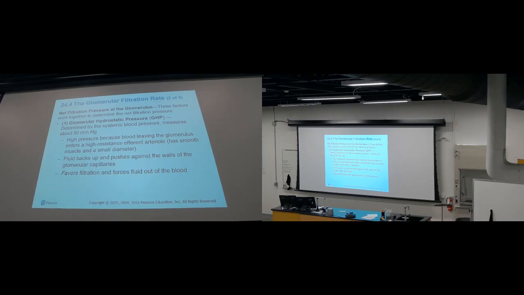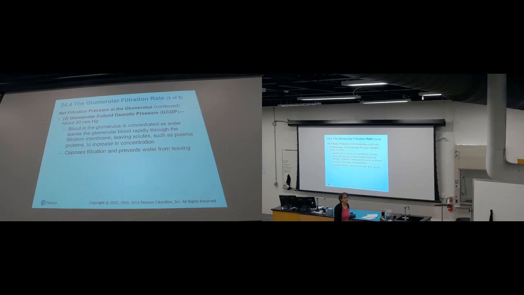So the glomerular hydrostatic pressure is determined by your systemic blood pressure. Typically, it is around 50 millimeters of mercury. And again, it is related to the diameter of the efferent and the afferent arteriole. And then the glomerular colloid osmotic pressure, which is the pressure given by the proteins, is around 30 millimeters of mercury.